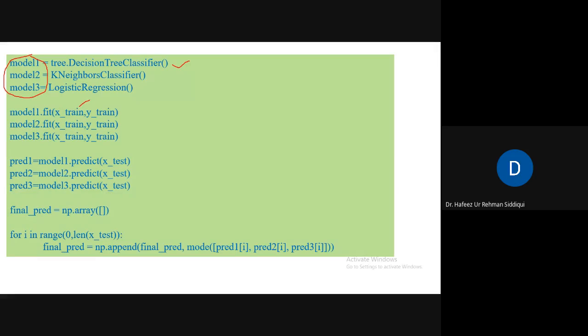As usual, you just give the training data to model 1 and the same data to model 2 and model 3, and these models will predict something, prediction 1, 2 and 3, and then you can find out what their predictions are. You just count them and make a final decision.